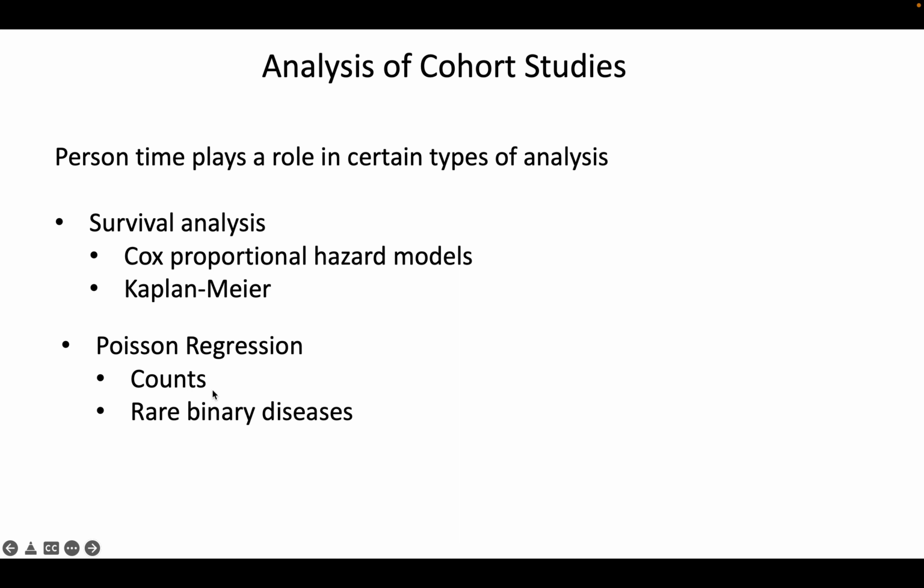relative risk. Poisson regression is the basic regression that generates rates, and it's useful in 2 scenarios, both of which typically integrate person time into its calculations. So Poisson regression can be used to handle counts.